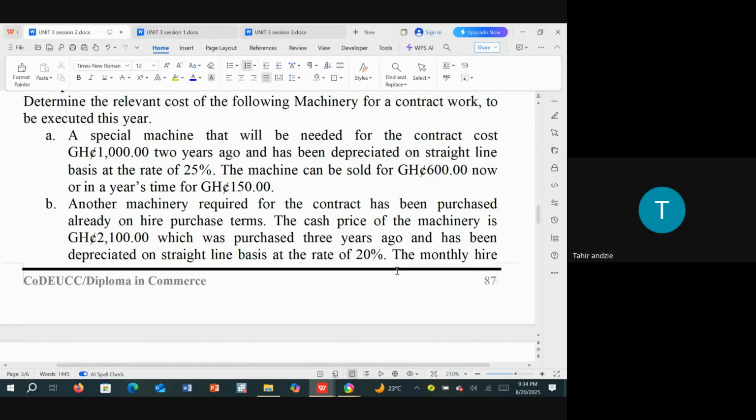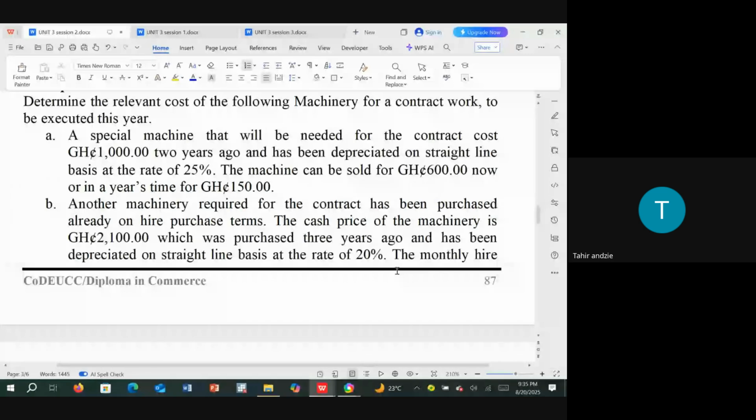After a year's time, when we have used it for this contract, it can be sold for 150. Therefore, the fall in the resale value of the asset will be 600 minus 150, and that will be 450.